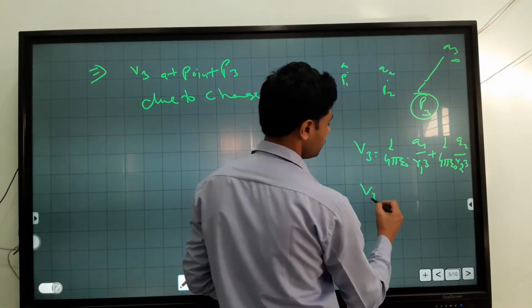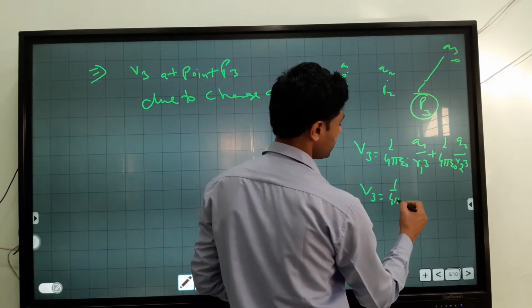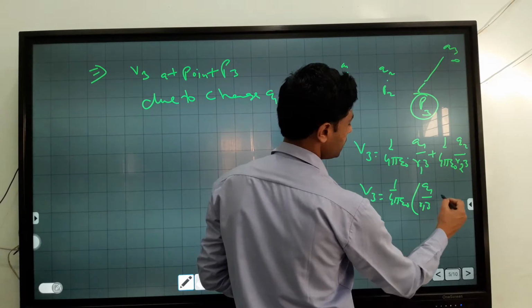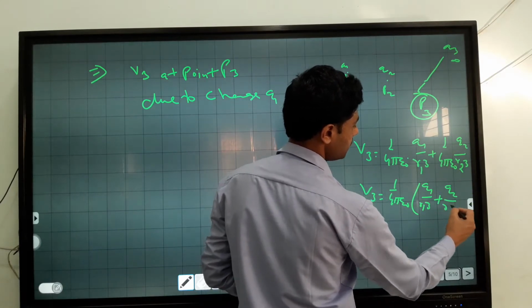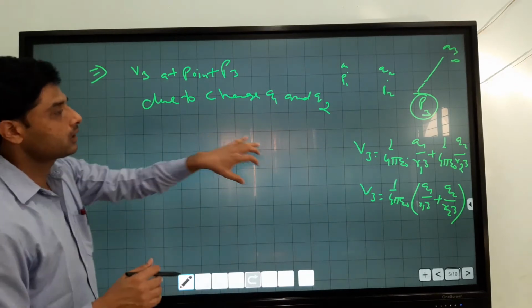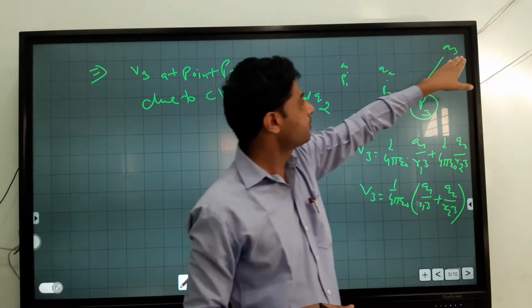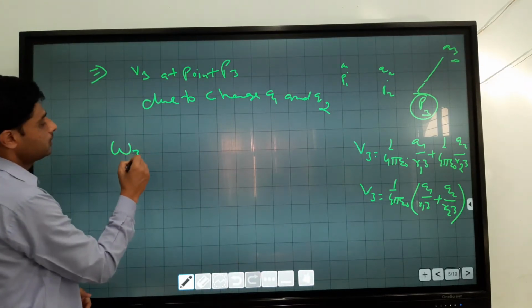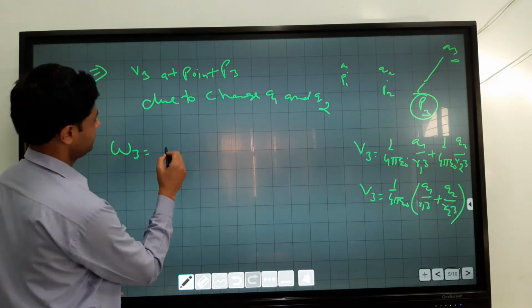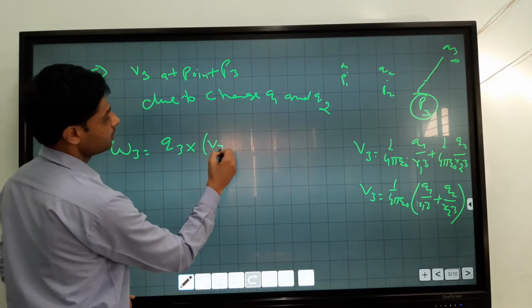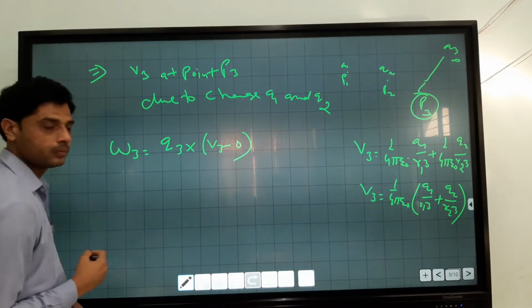It means V3 equals 1/4 pi epsilon naught common, Q1 upon R13 plus Q2 upon R23. The work done to carry Q3 charge from infinity to point P3 is W3. W3 equals Q3 into V3 minus 0.